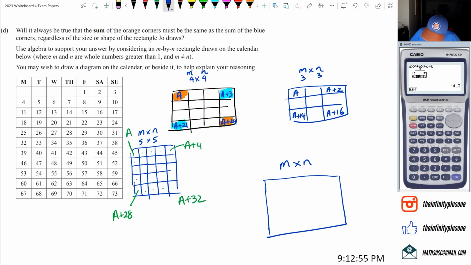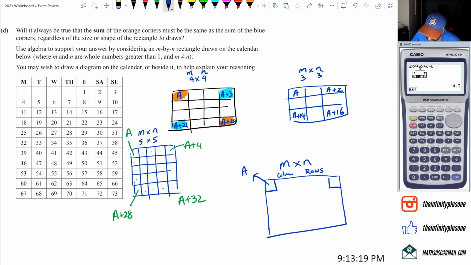But M is actually the number of columns, and N is the number of rows. So if I look at the first one, regardless of how big this rectangle is, the first orange one is always going to be A, right? So hopefully that makes sense.